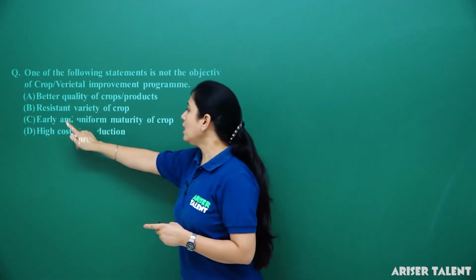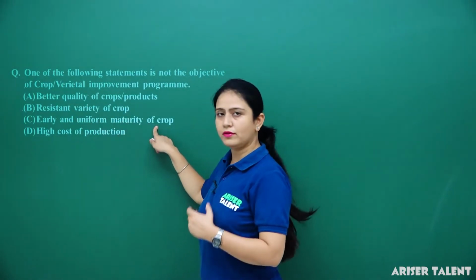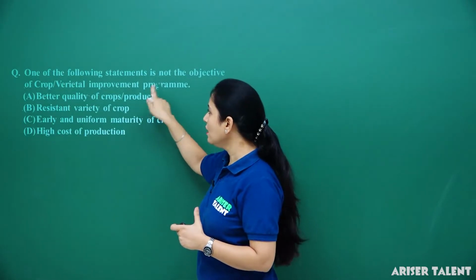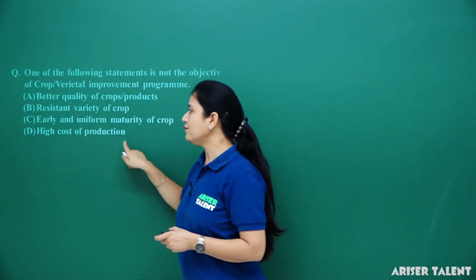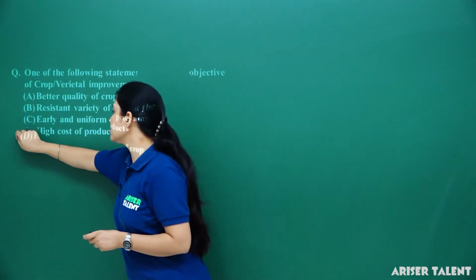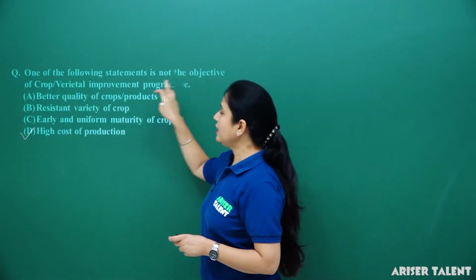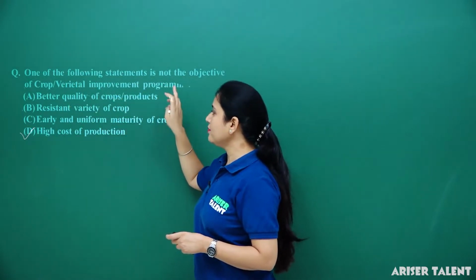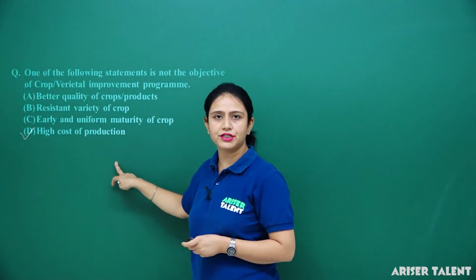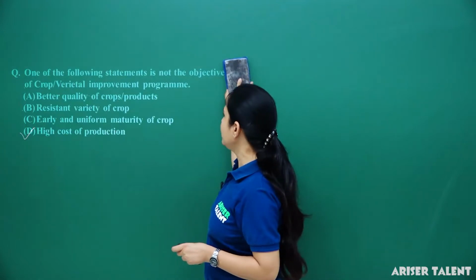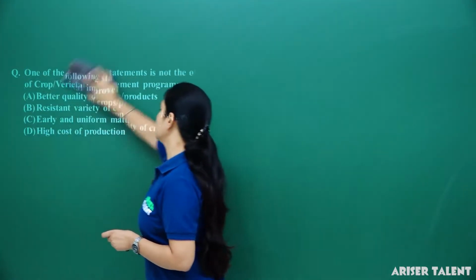Early and uniform maturity of crop is also part of it. High cost of production, they do not want it. So option D is the correct answer: high cost of production is not an objective of the crop varietal improvement program. Clear?